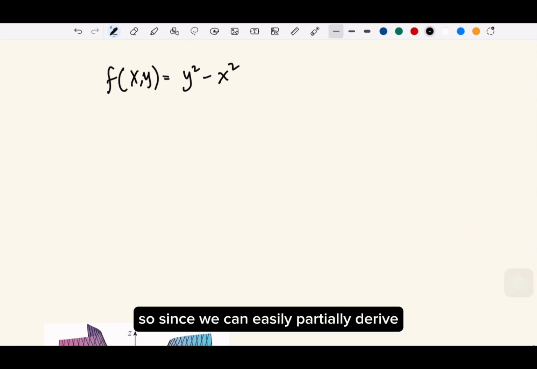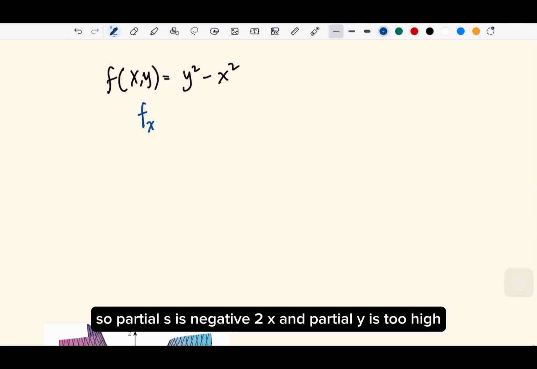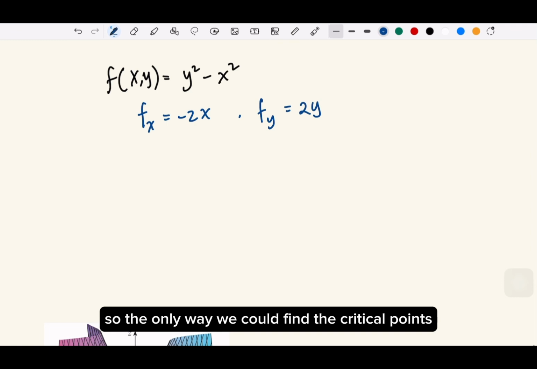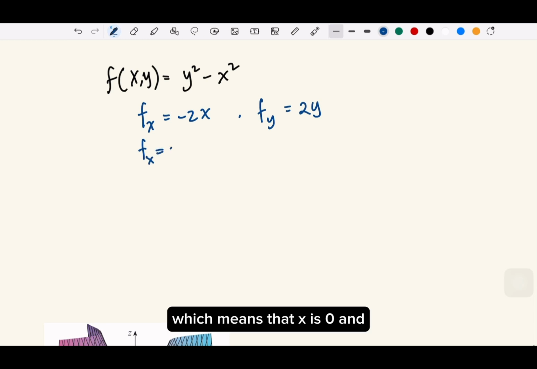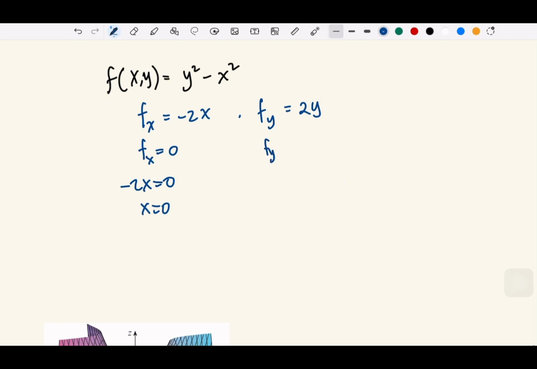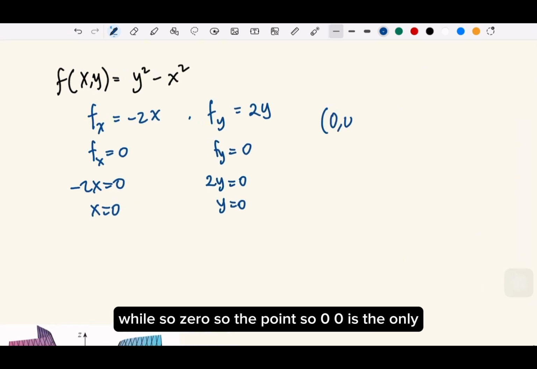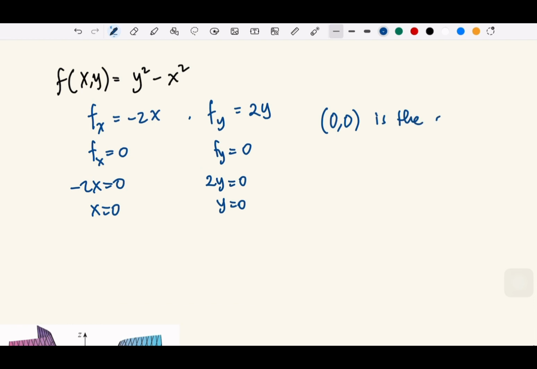Since we can easily take partial derivatives, partial x is negative 2x and partial y is 2y. So the only way we could find the critical points is to take these equal to 0, which means that x is 0 and y also 0. So the point 0, 0 is the only critical point.